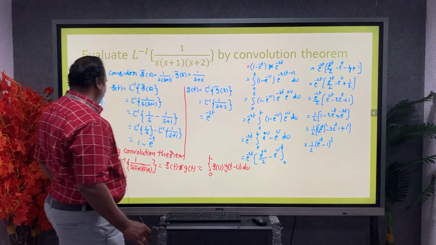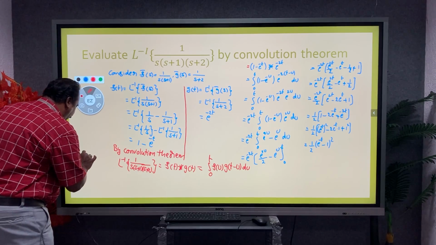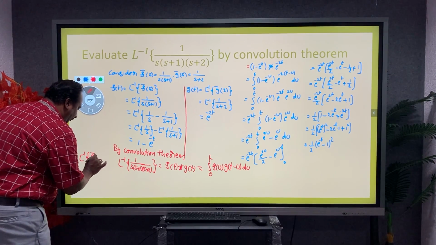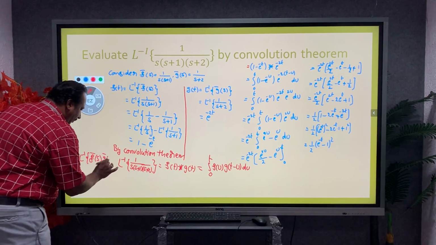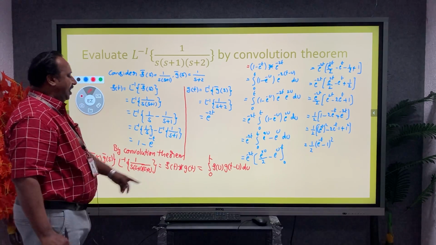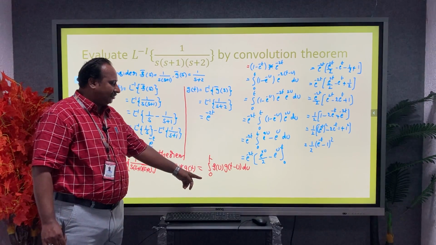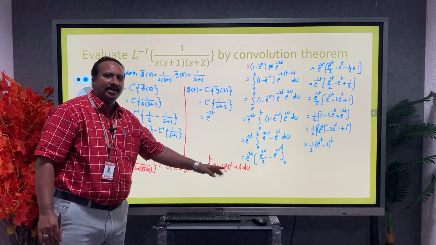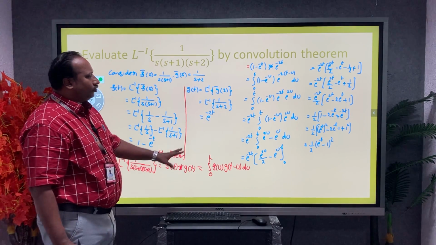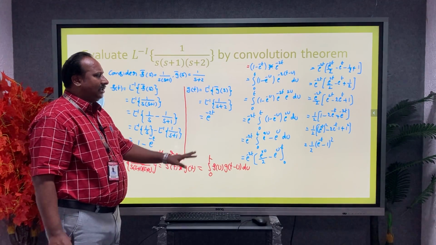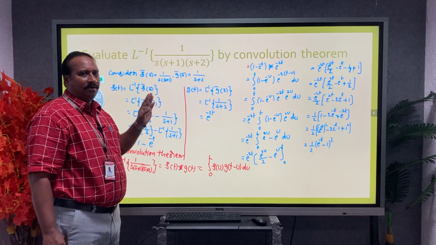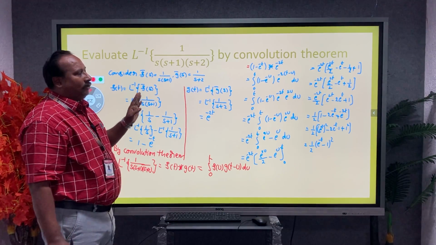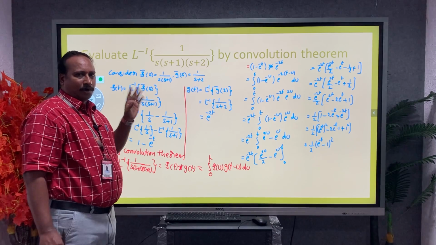Substitute all values and evaluate the integral, then we get the required answer. So this is a convolution theorem related problem.